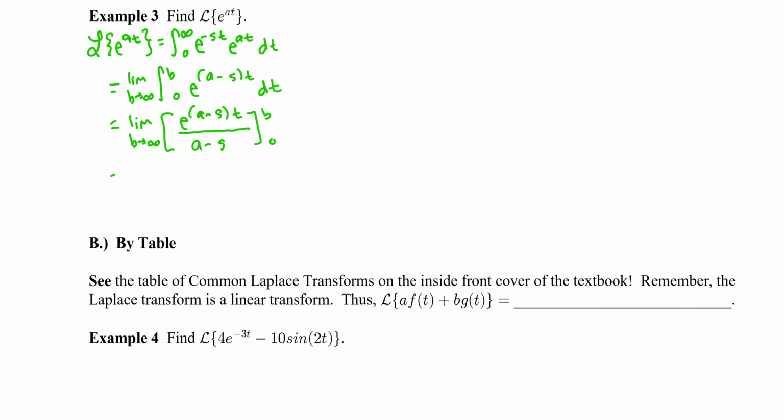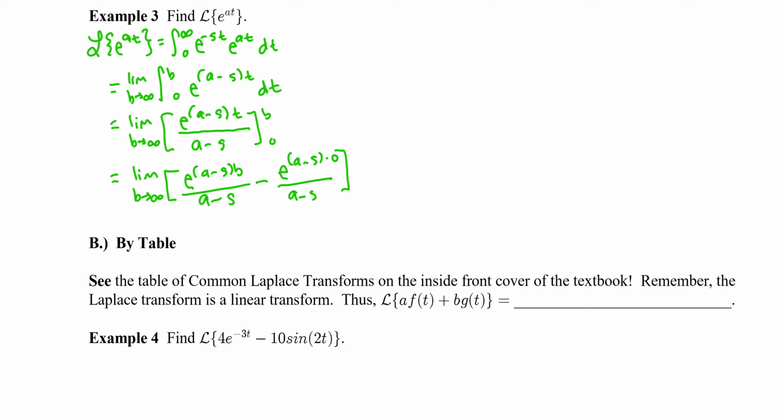Next, we'll plug in our upper and lower limits. Remember, that's called the fundamental theorem of calculus. So we're plugging b in for t, and remembering that a and s are just constants at this point. Upper limit minus lower limit.